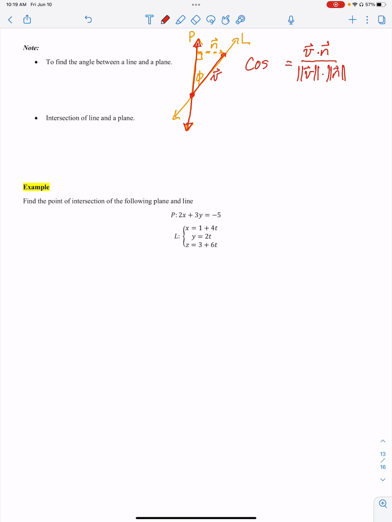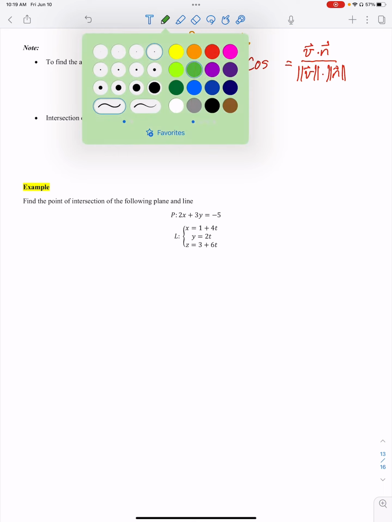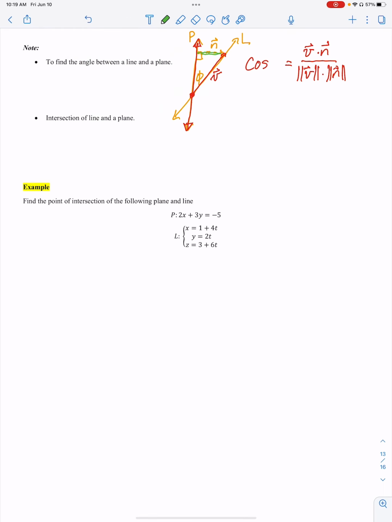But it's kind of misleading here. N is in here, and then V is the red vector to the right. So the angle we'd actually be finding in between is there. Let's call that theta.